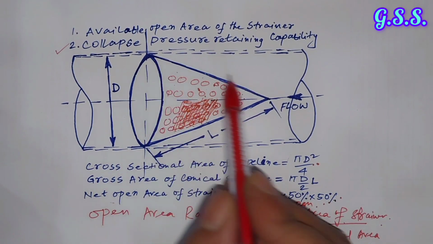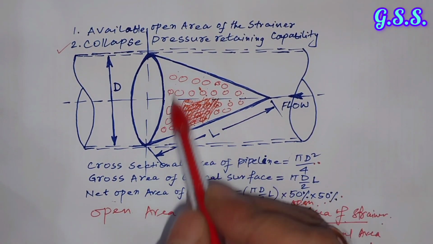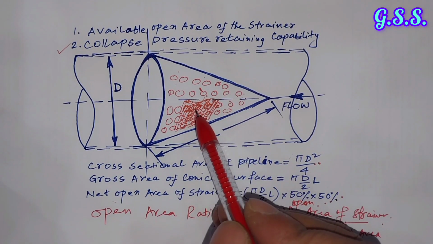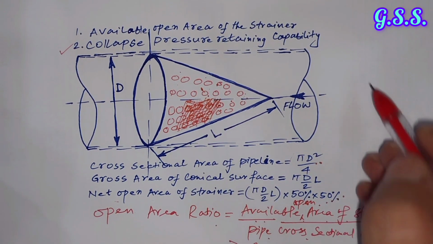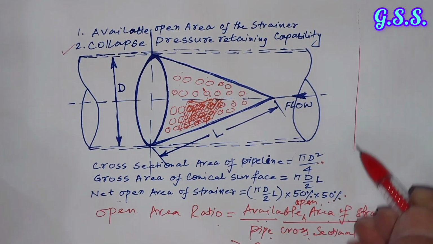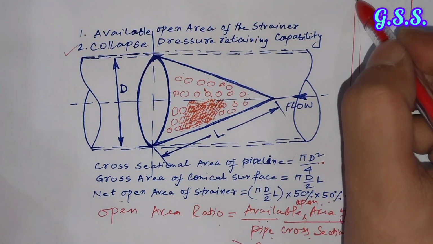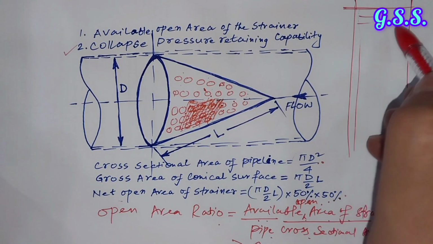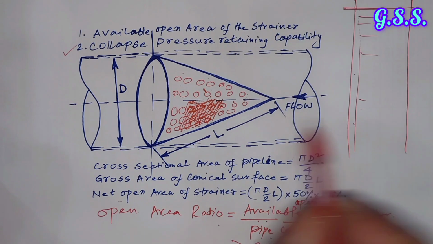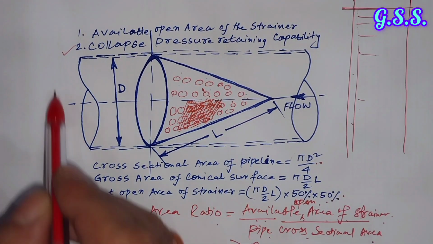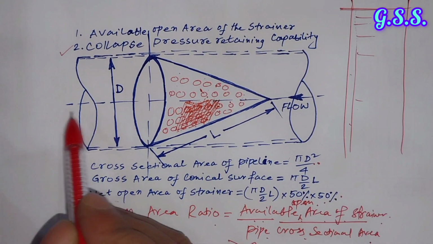When the strainer is clogged, means 100% clogged, suppose this side cooling tower is there, and in this side 5-meter water head is there, and this side pump suction is there, pump is sucking.